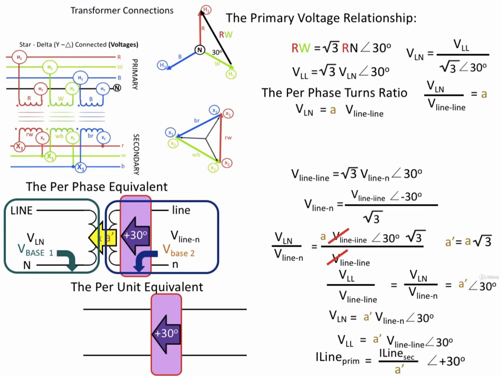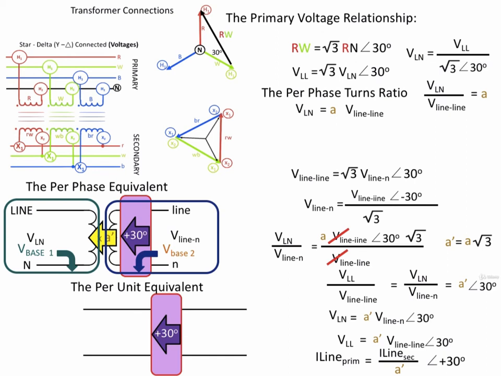And the per unit equivalent circuit would look like this. We still have to carry the 30-degree phase shift operator with our per unit equivalent circuit. The per unit equivalent circuit nicely gets rid of the turns ratio for us. However, it does not, in a three-phase system, get rid of the 30-degree phase shift.